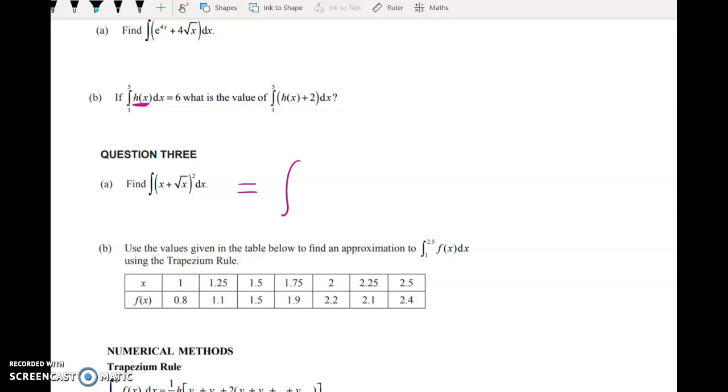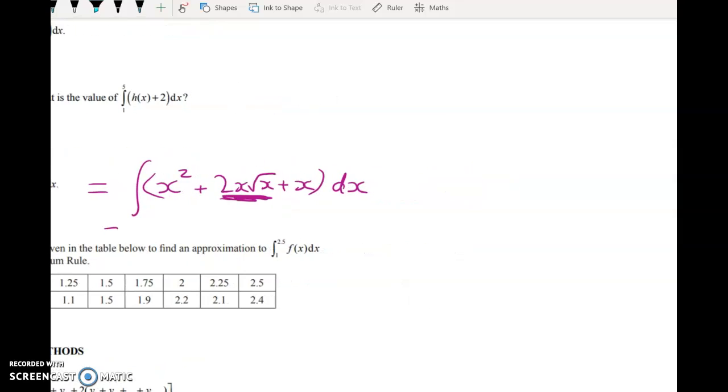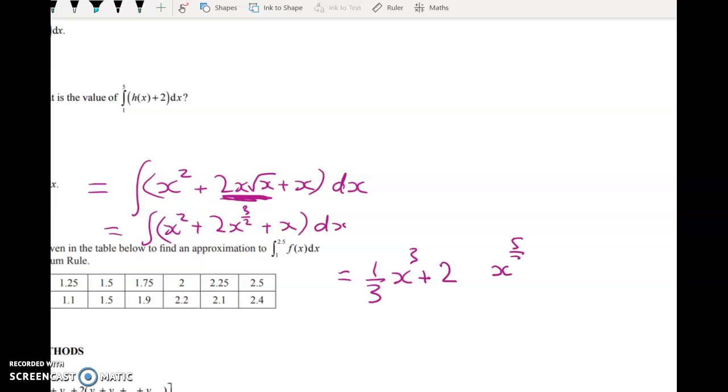So in here we've got the integral of x squared plus 2x root x plus x. I'm just expanding this quadratic. I'm going to rewrite this term as a fractional power. So it's the integral of x squared plus 2x to the power of 3 over 2 plus x dx, which gives us 1/3 x cubed plus 2 times something x to the 5 over 2.